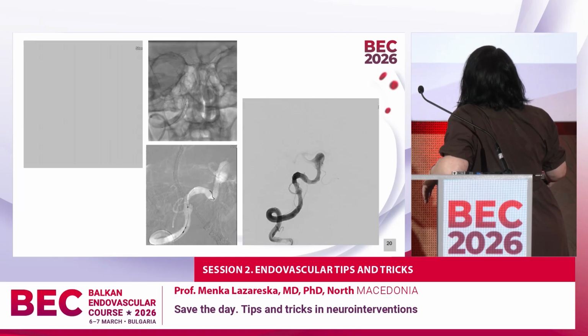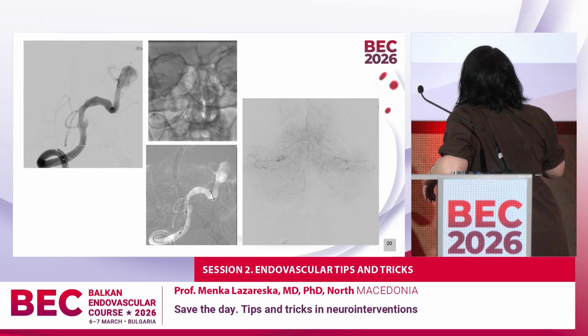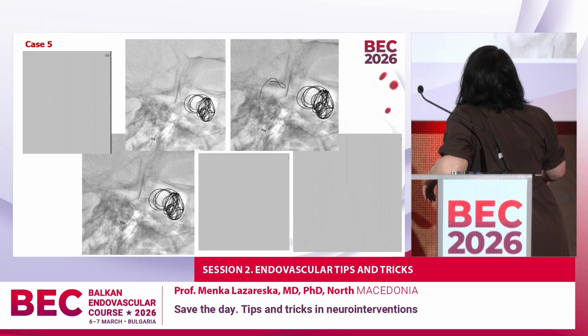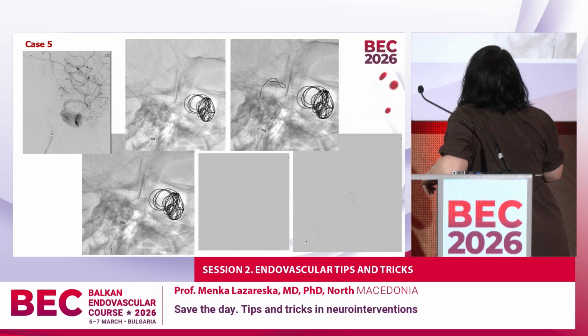This patient has another aneurysm, a dissecting aneurysm of the vertebral artery at the level of the PICA origin, and we put here the flow diverter pipeline. The other case is bilateral cavernous sinus aneurysms, big, partially thrombosed.